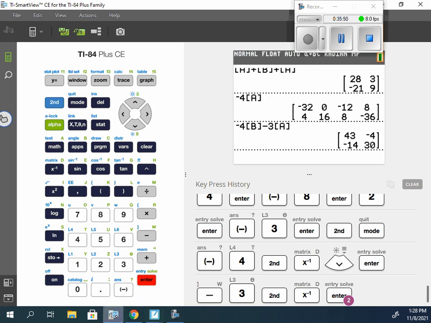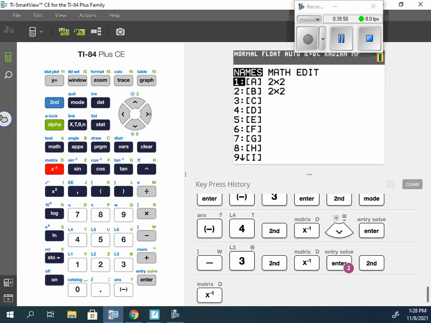Well, why don't we look at it in the calculator, just so we can see how this works. If we're doing this in the calculator, the first thing we need to do is edit the matrices, yes? Do we have x and y? No. The farthest this will go is j.